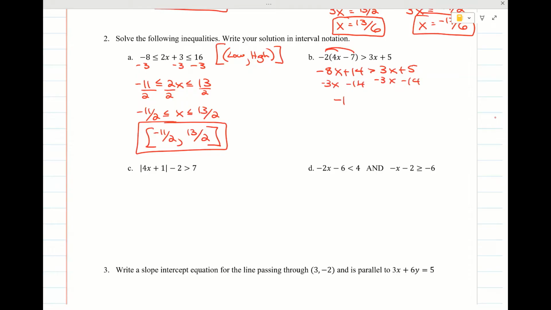We get negative 11x is greater than negative 9, or x would be less than 9/11. Remember, anytime we divide by a negative with inequalities, we have to switch the sign. And this would mean any value up until 9/11. So 9/11 would be the highest value, not including it, and then negative infinity would be on the other side.